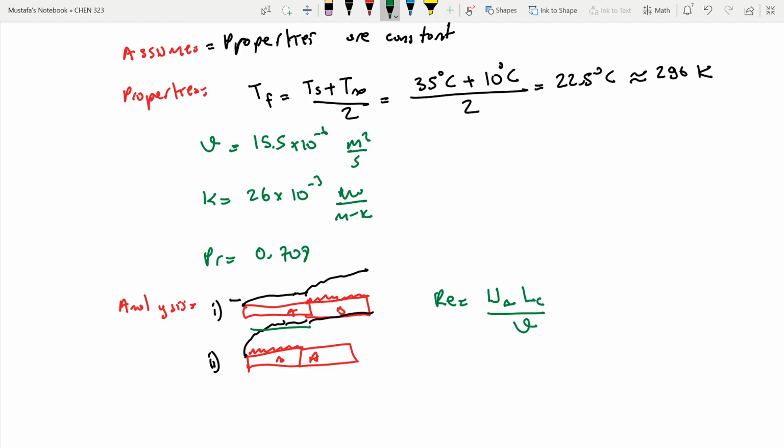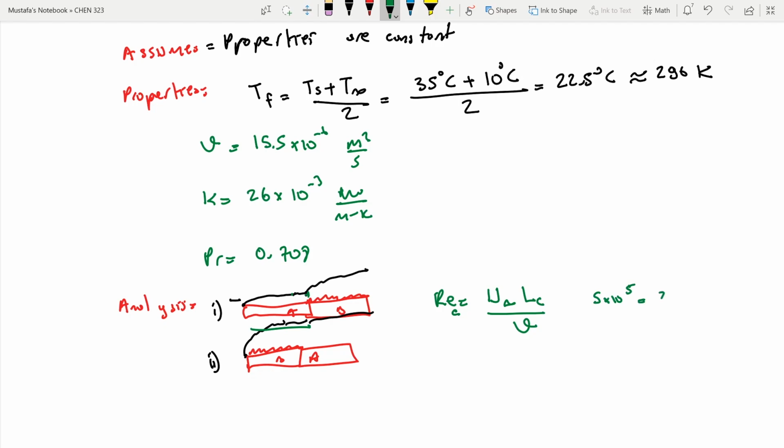We want to know first if there is a transition before we reach plate B. We don't actually know if this length is enough to keep it all laminar, or if there is a transition. So we want to know the length that is required to have transition. So this is 5 times 10 to the 5, which is the criterion for transition.